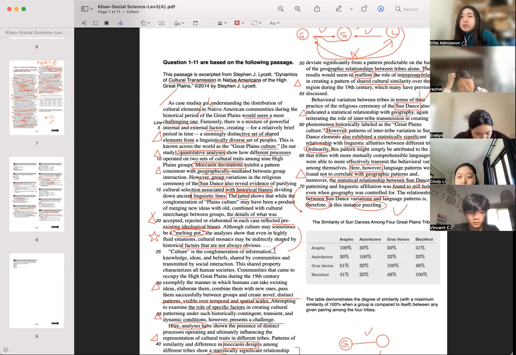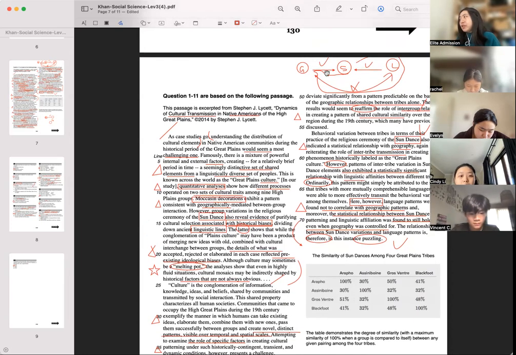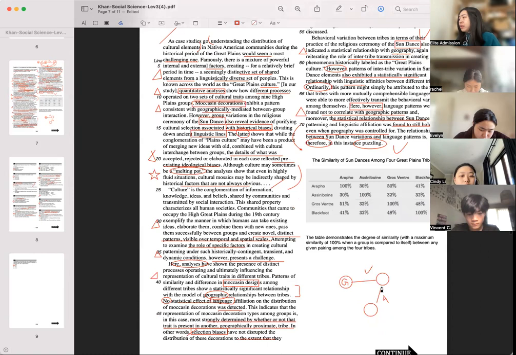Of course, you need to get familiar with different wordings, like the statistically consistent, right? What does that mean? Even if sometimes it's hard to really understand, as long as you know that they have a relationship, or they don't have a relationship, that's fine. Even something as simple and general as that is fine, as long as I identify the right elements.